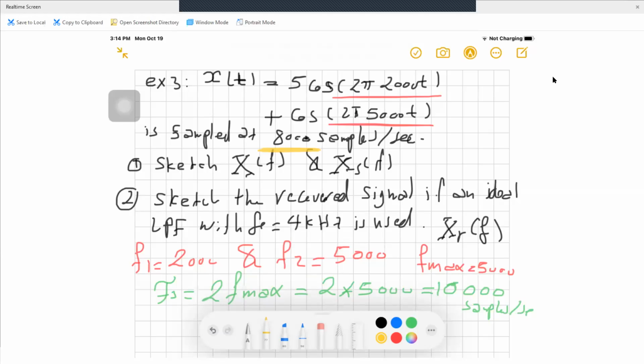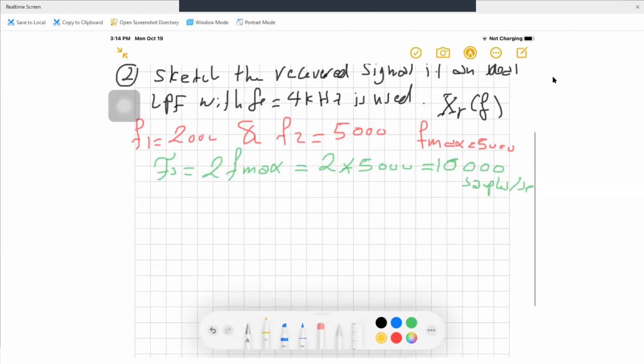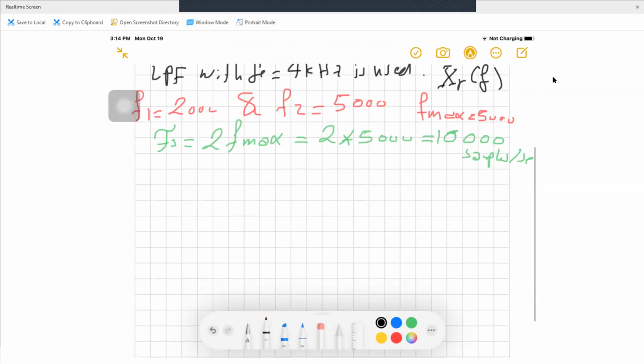What we can recognize in this example? In this example, the Nyquist rate is greater than the actual sampling rate used. So what we can expect? We cannot recover the full signal.